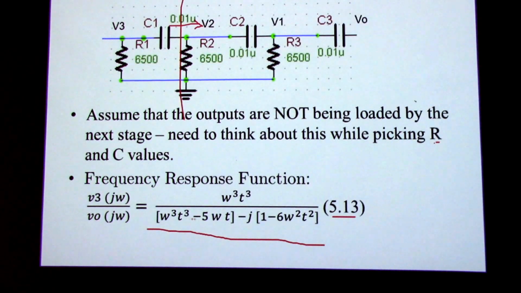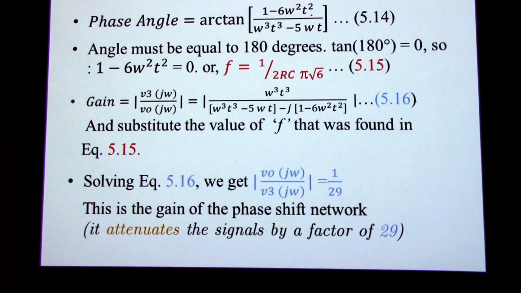If you look at these two terms, it should be the inverse tangent of this and this. Like this is the term and this is the term. If we go to the next page, you see those terms. This is just the angle of the complex number, the inverse tangent of the imaginary part over the real part. Now we say the angle should be equal to 180 degrees.